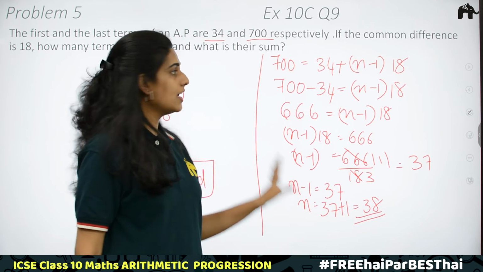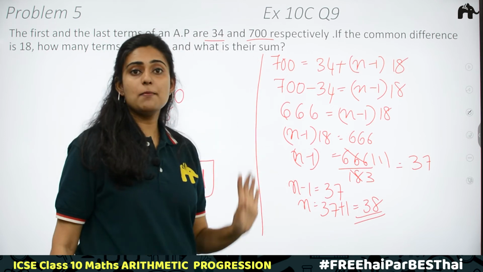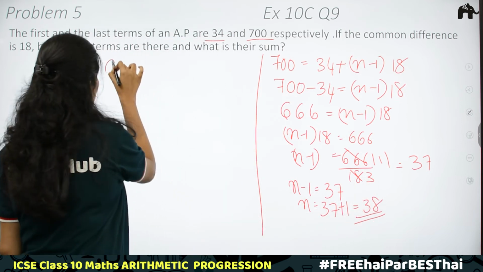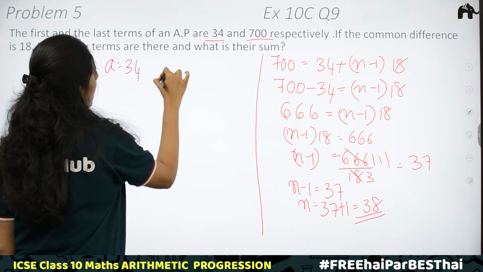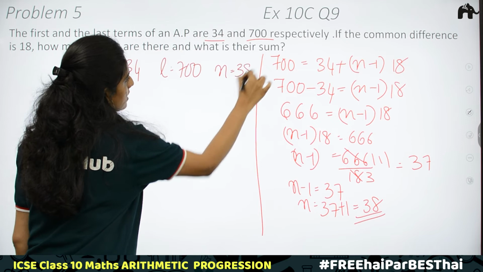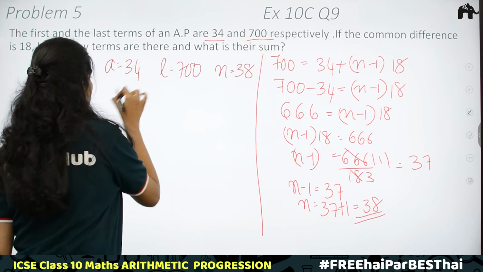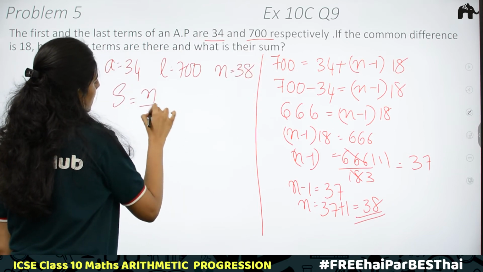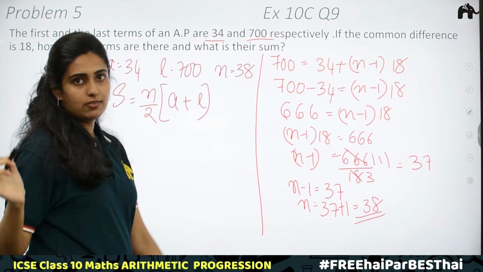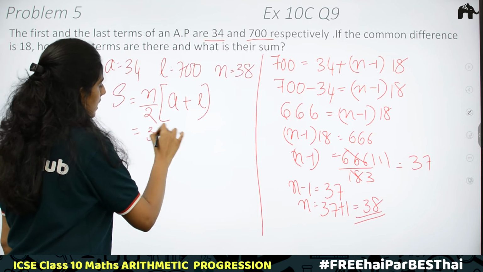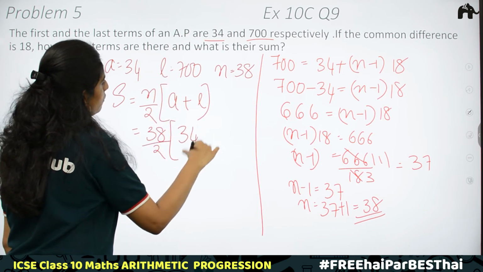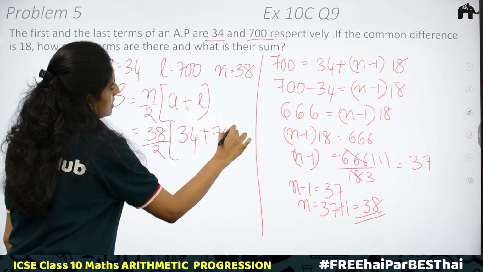Clear? Now we have to find the sum of these 38 terms. We have a is equal to 34, l is equal to 700, n is equal to 38. The sum S is equal to n by 2 into (a plus l). Substitute the values: n is 38 divided by 2, into (a plus l), 34 plus 700.